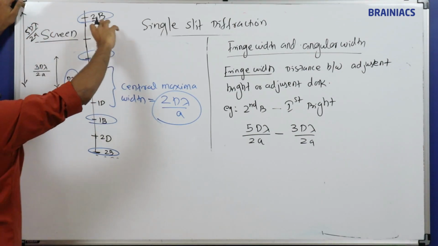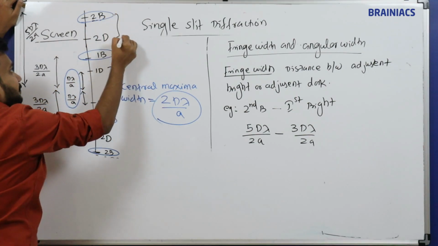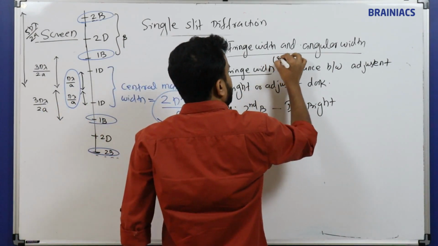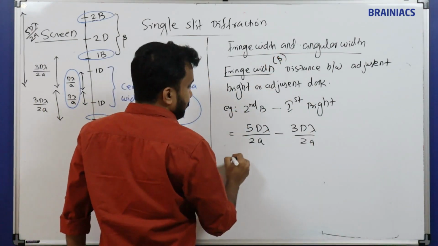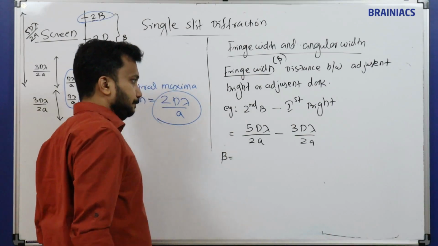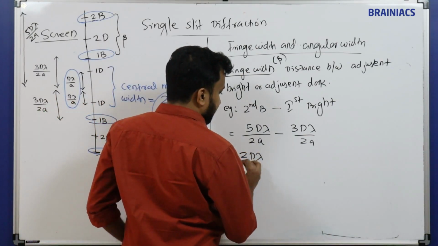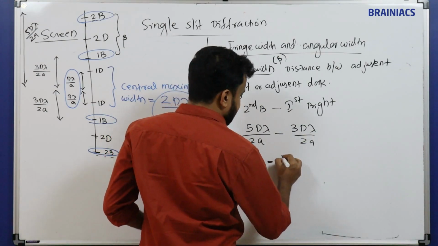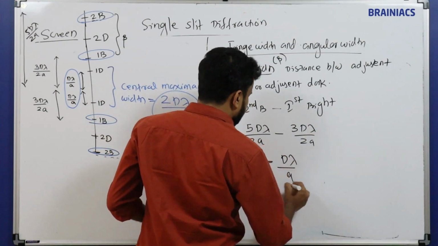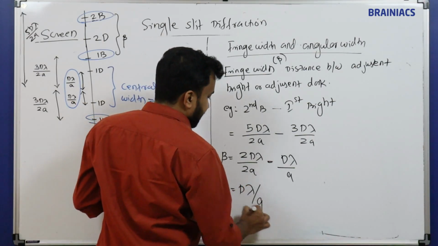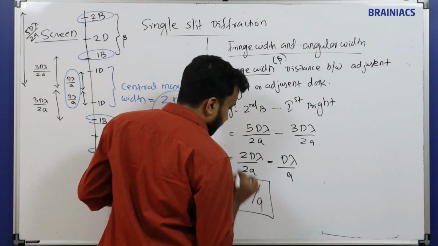The difference of these two distances is called the fringe width beta. So beta equals 2D lambda by 2a, which is D lambda by a. So the fringe width in the single slit diffraction experiment is D lambda by a.